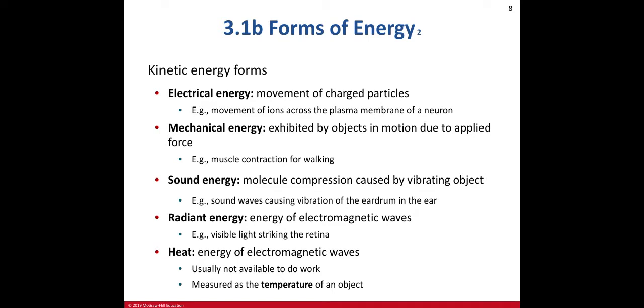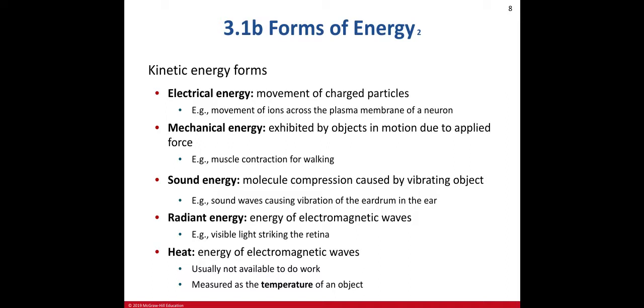Some types of kinetic energy that we see in the human body. We have electrical energy, which is moving charged particles. And a great example that we see is ions moving across that plasma membrane. When we are talking about neurons specifically, that electrical pulse is an electrical energy.